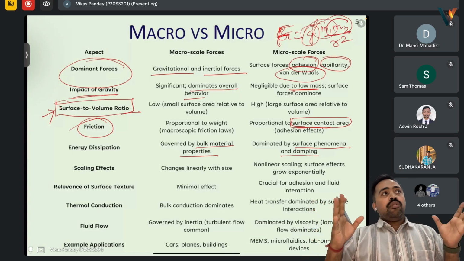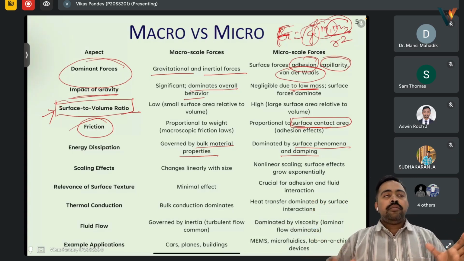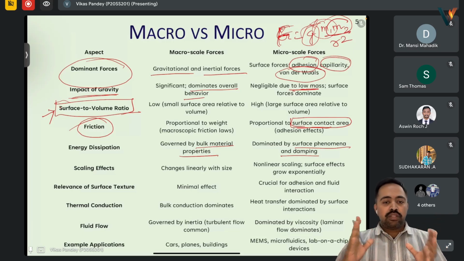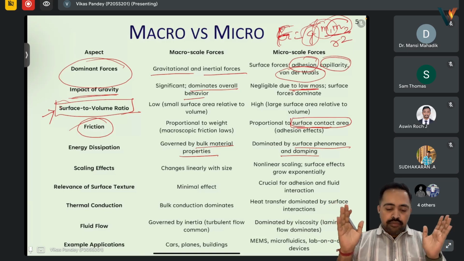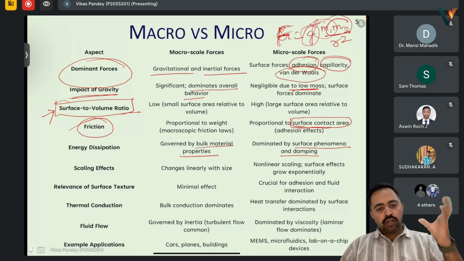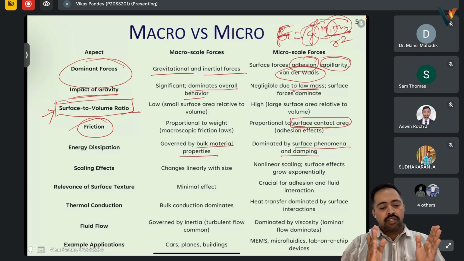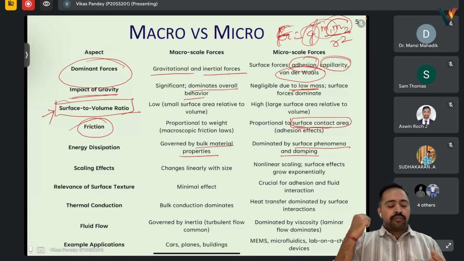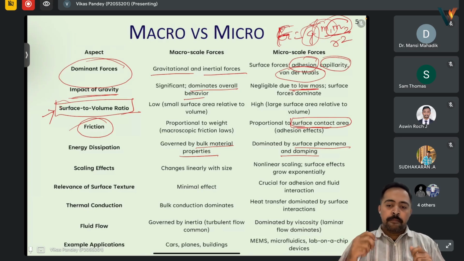When we talk about big macro scale things, if we are changing the size, say something has a mass of 1 kg and we are replacing it with 2 kg, the effect of force and the effect of gravity and friction will proportionately increase or decrease.